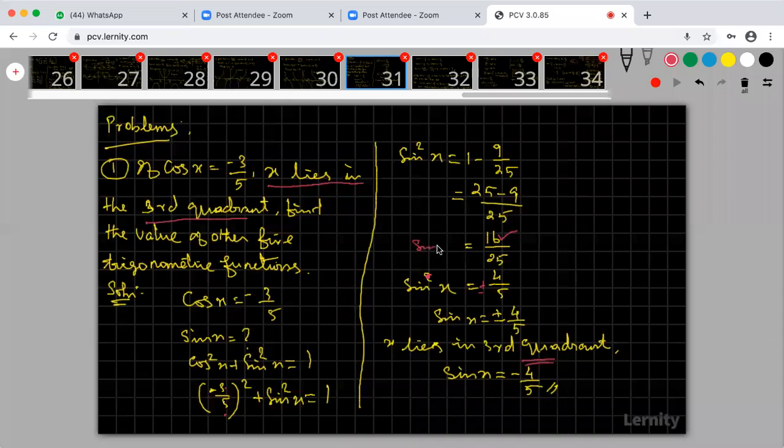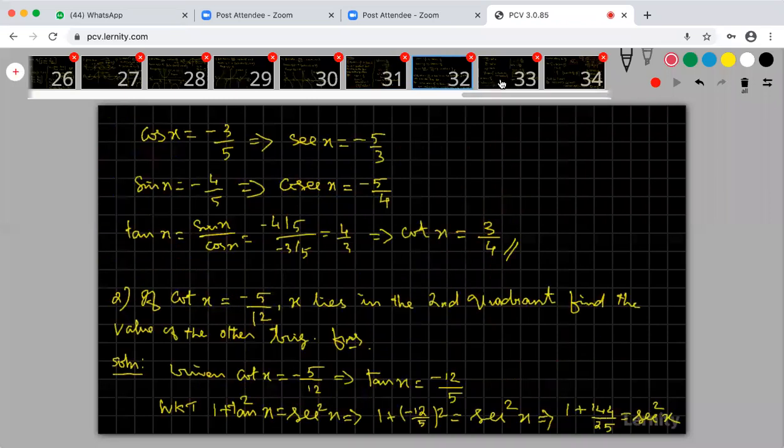Here sine square x is 16 by 25, so sine x is plus or minus 4 by 5, square root of 16 over square root of 25. Not 2 by 5. I made a mistake here only. Thank you all.